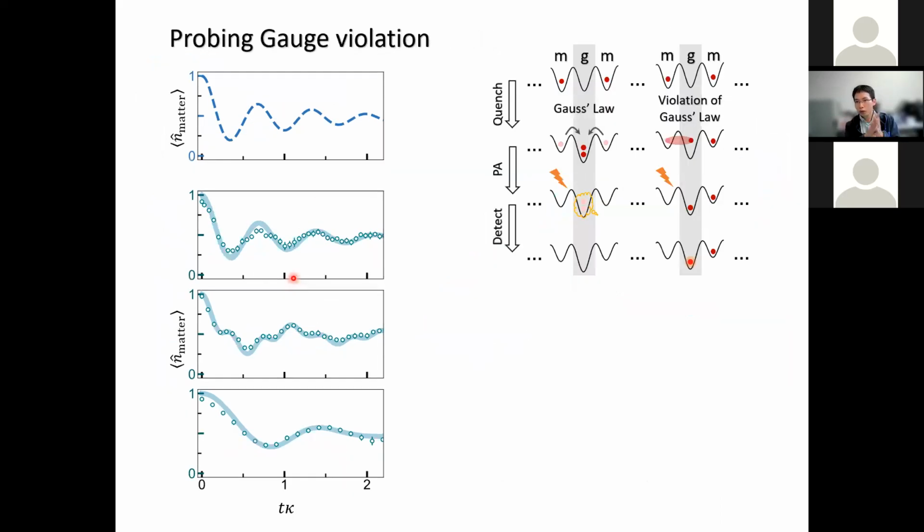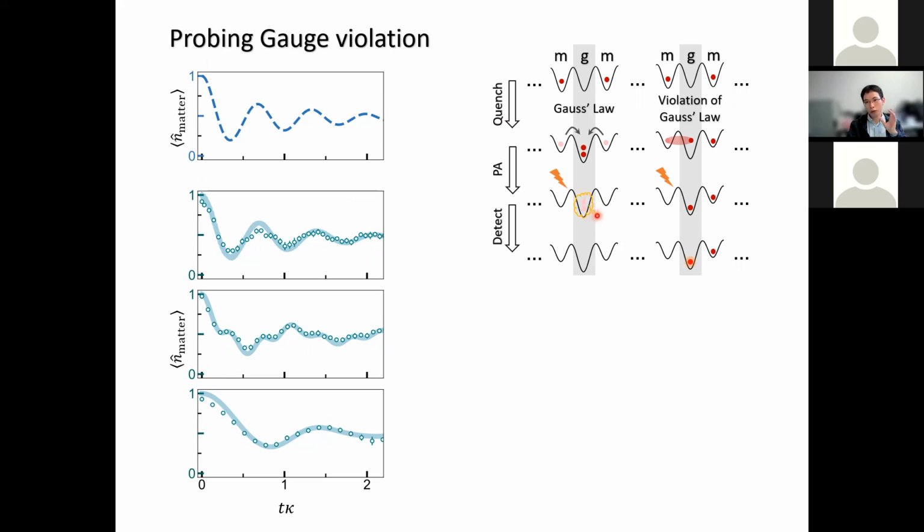We would also want to directly probe how many gauge violations there are in our system. And this is done by performing this parity projection, which is shining a photoassociation laser onto the system. That means you can create this unstable molecular state, and this state will rapidly decay and emit a photon, and that photon will kick two atoms out of the trap.